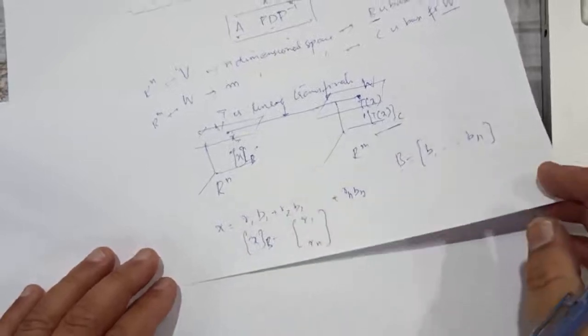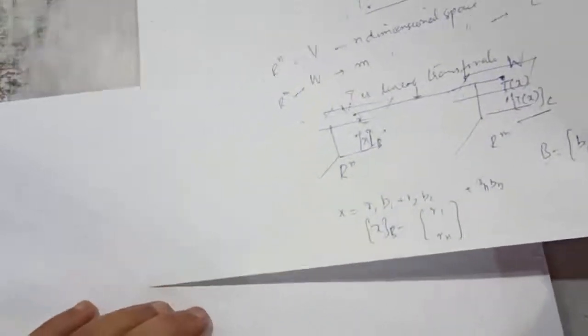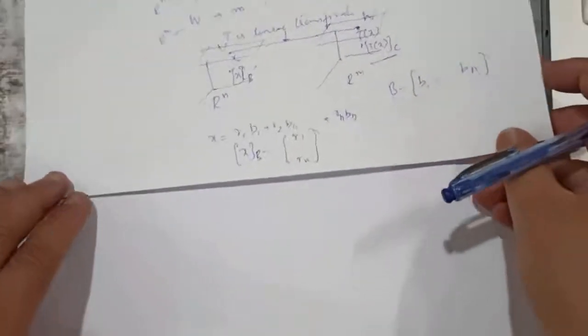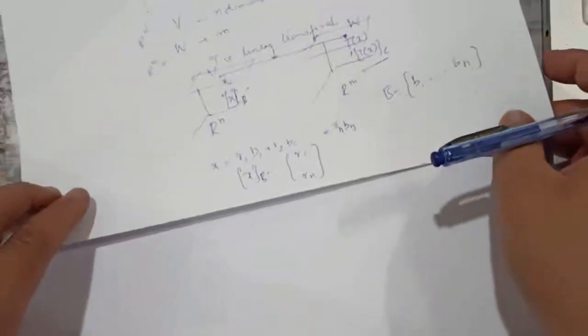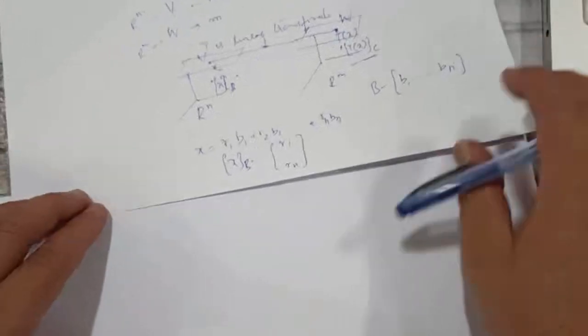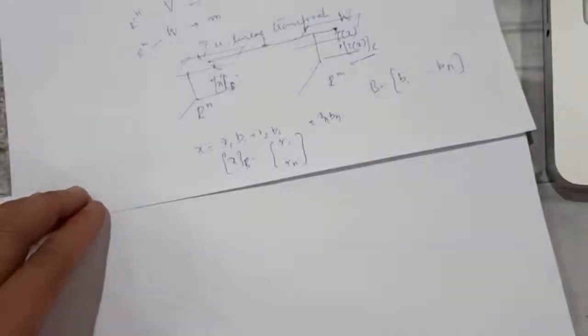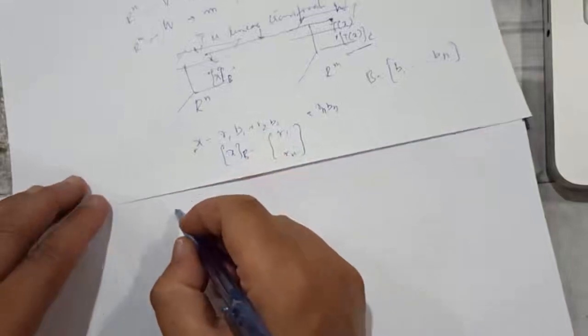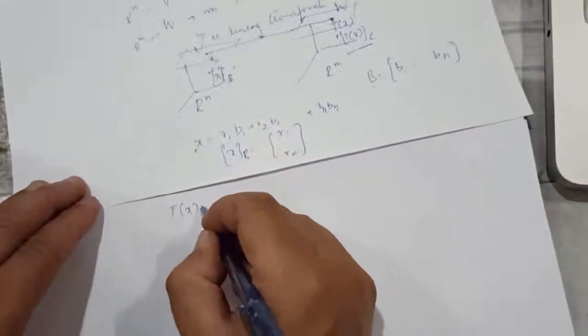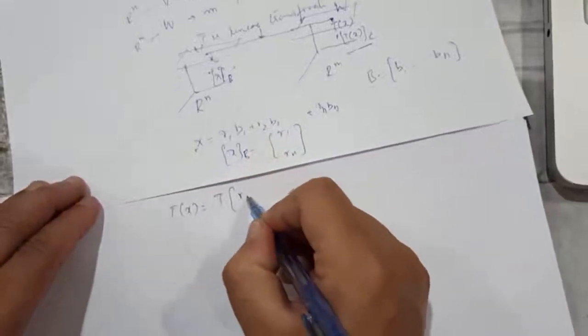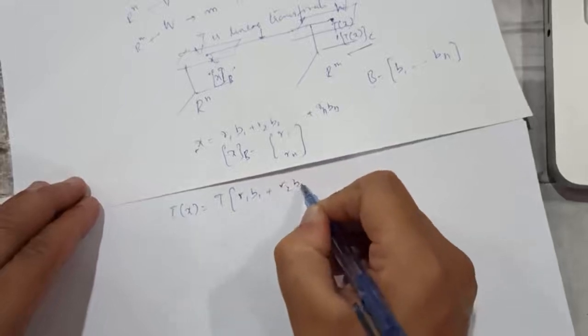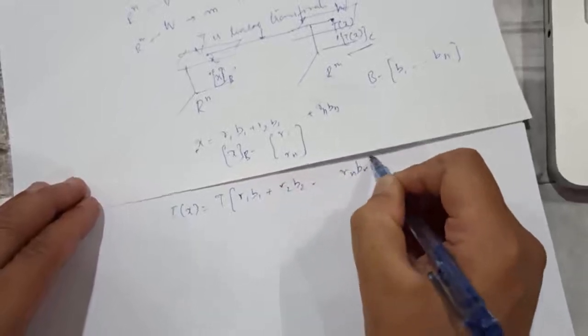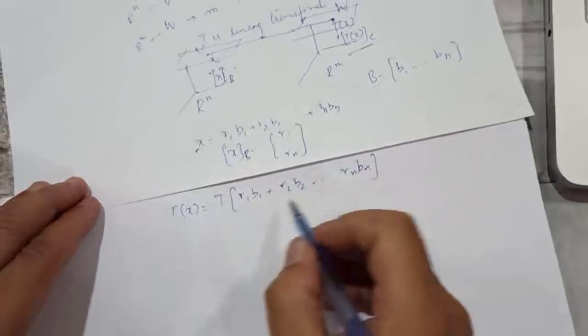Okay. Now, since we are going to transform this x into T of x, it means it's a linear transformation. So from that equation, T of x, I can write this as the transformation applied to r1 b1, r2 b2, and rn bn, and because it is a linear transformation, I can move T inside.